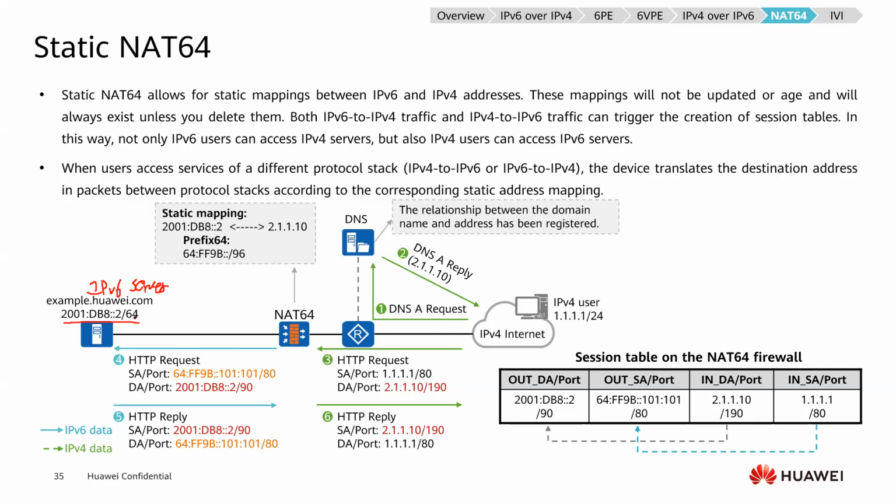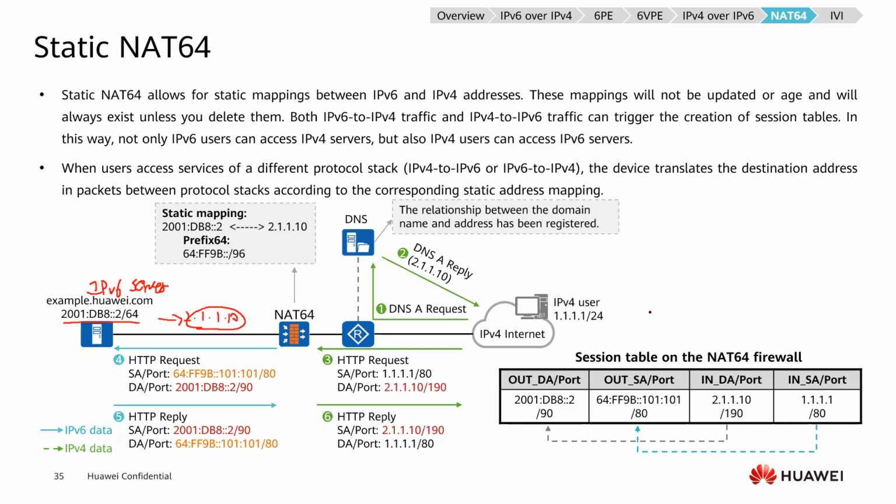And then for the internet, it will have a mapped IPv4 address, 2.1.1.10, and will advertise this IPv4 address on the whole internet, right?